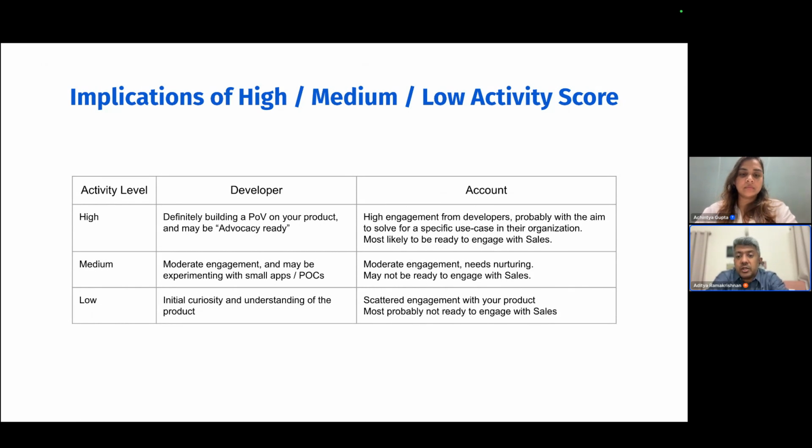So they've probably not defined the problem or how they want to use your product, so they're probably not ready to engage with sales. But obviously you would layer on the actual activity, all the other filters as well. But just look at the activity score itself. There's quite a lot which can be gathered from this, right?